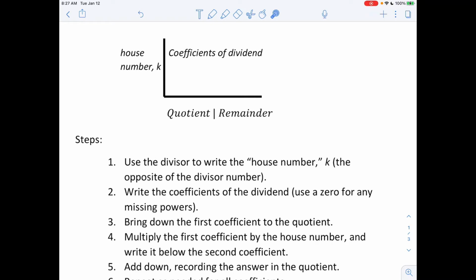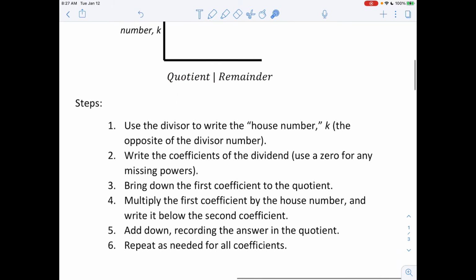Then we will bring down the first coefficient into the quotient. We're going to be building our quotient down here below the line. So whatever our first coefficient is, we're going to rewrite it down here in the quotient, and then take that number that's right here, that first piece of our quotient, multiply it by the house number. So we're going to bring down the first number and then multiply it by the house number.